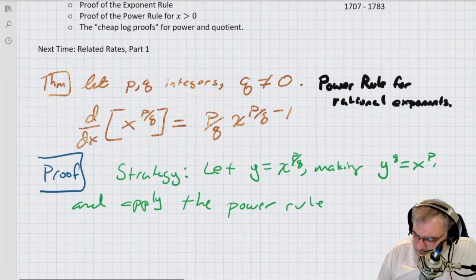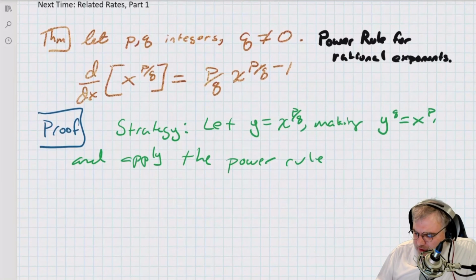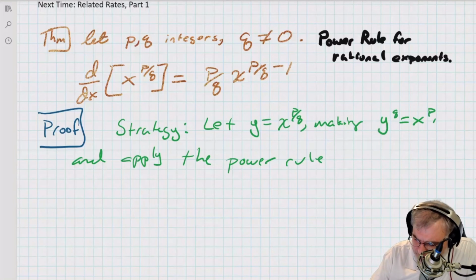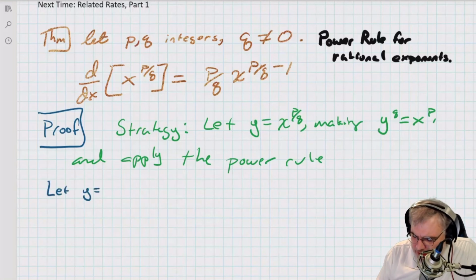Okay. So what I'm going to do here is let y equal x to the p over q, and then I'm going to take the q power of both sides, and then I'm going to apply the power rule. So let y equal x to the p over q.